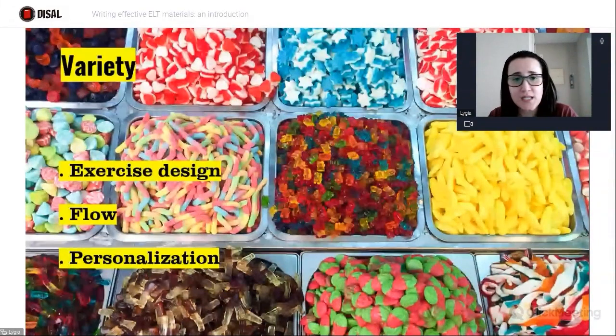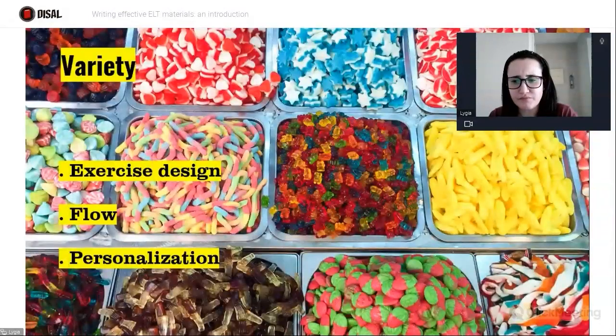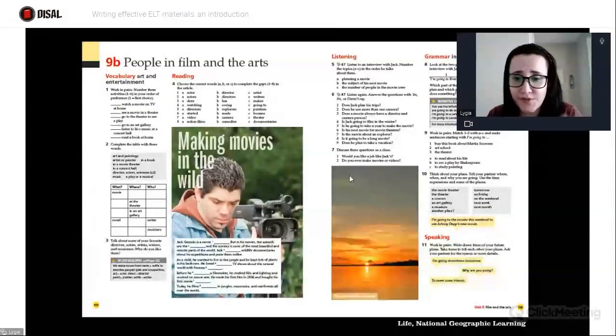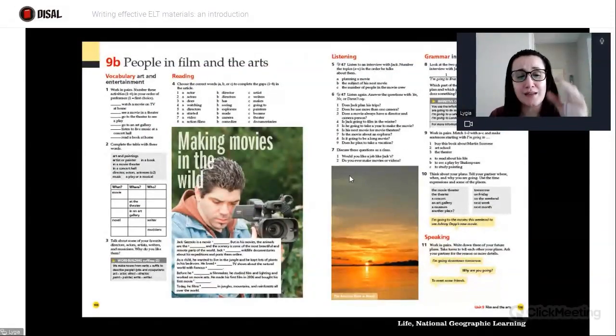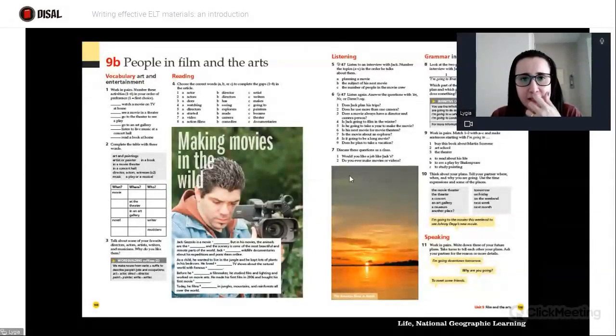So let me see, it's 4:52 right now. Let's do something very fast right now. I'd like to show you a spread from the course book Life once again by National Geographic. I'd like you to take a look at it and see if you can identify some of the features we've talked about today.